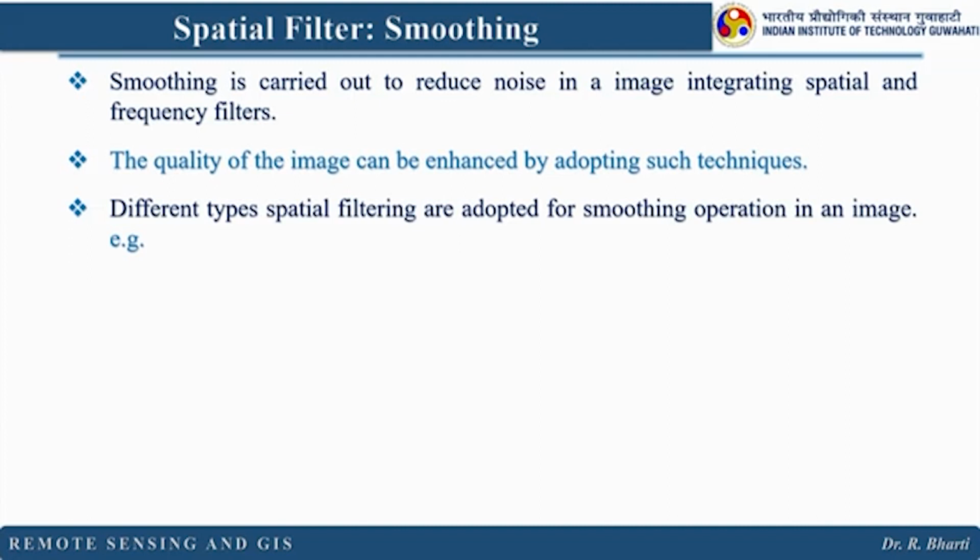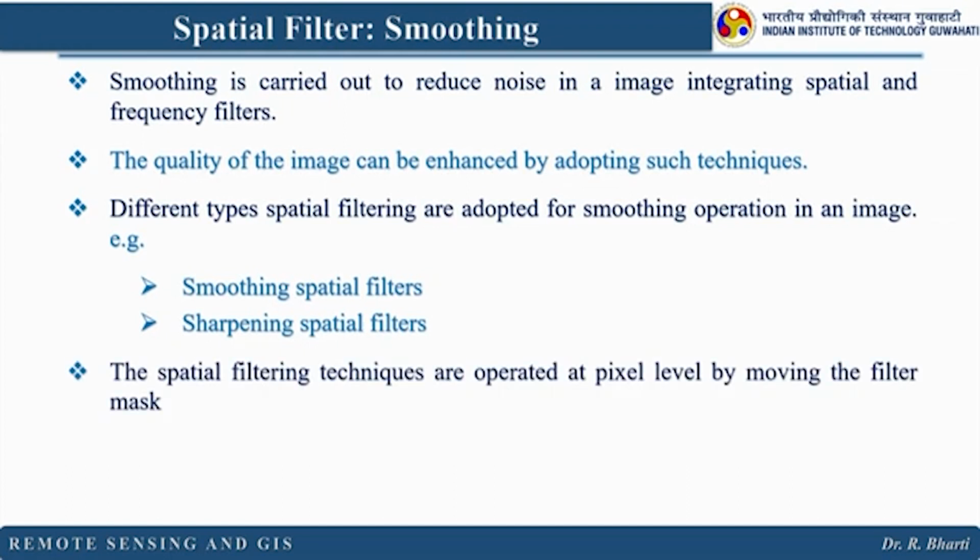Different types of spatial filtering are adopted for the smoothing process in an image, right. For example, smoothing spatial filters and sharpening spatial filters, and the spatial filtering techniques are operated at pixel level by moving the filter mask. I hope this is clear to you, that we have already covered this part.